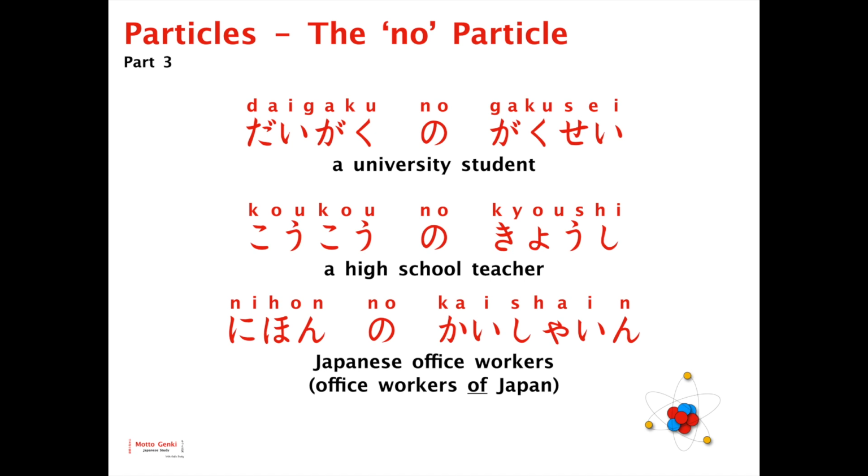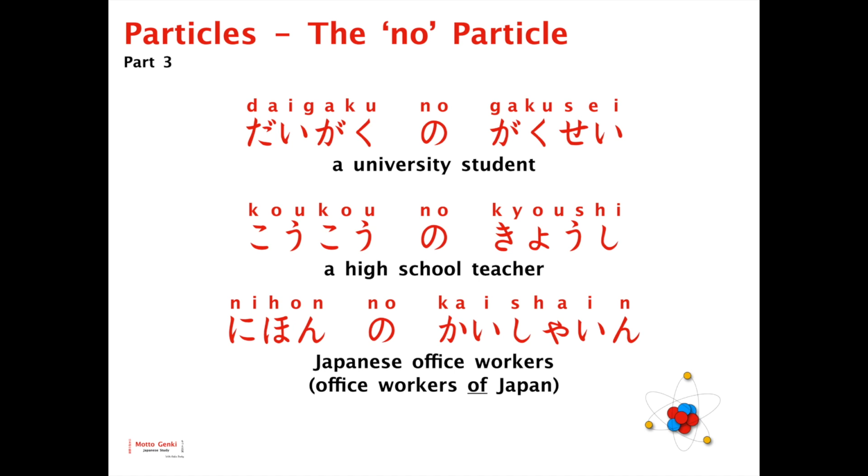And Nihon no kaishain, so Nihon we learnt before is Japan. Kaishain is office worker or company worker. So Nihon no kaishain is a Japanese office worker or Japanese office workers.